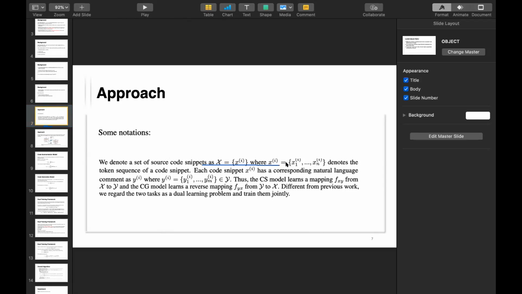X means the source code, and Y means the corresponding natural language comments. The superscript i indicates one-to-one correspondence. The CS model has a mapping function from X to Y, and the CG model has a reverse mapping function from Y to X.